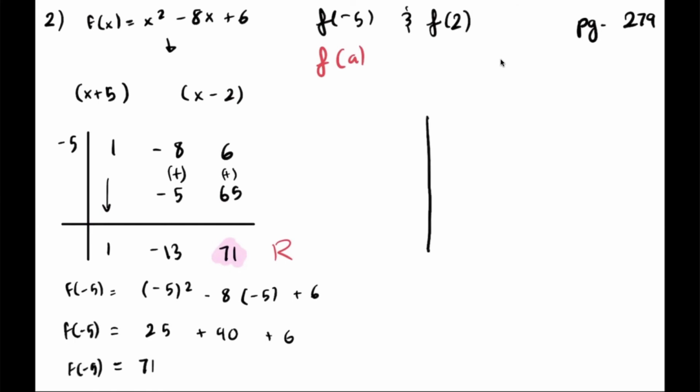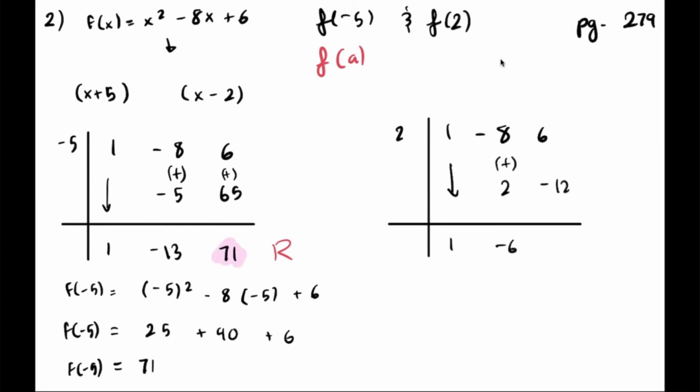Let us do f of 2 now, which means that a is 2. Same coefficients. Take 1 down. 1 times 2 is 2. Negative 6 times 2 is negative 12. Add to 6, so the remainder is negative 6 here.